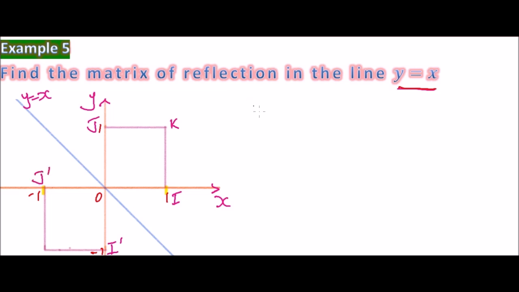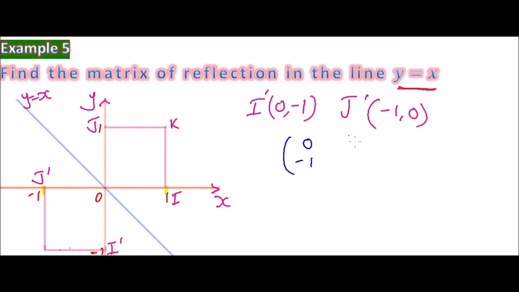Therefore, the coordinates of I prime will be 0, minus 1. The coordinates of J prime are minus 1, 0. And with these two we form a matrix, that is the matrix 0, minus 1, and minus 1, 0.